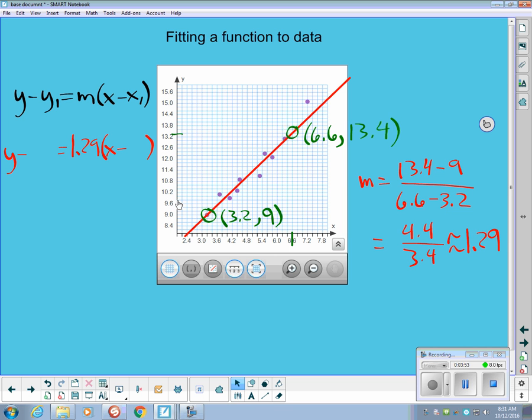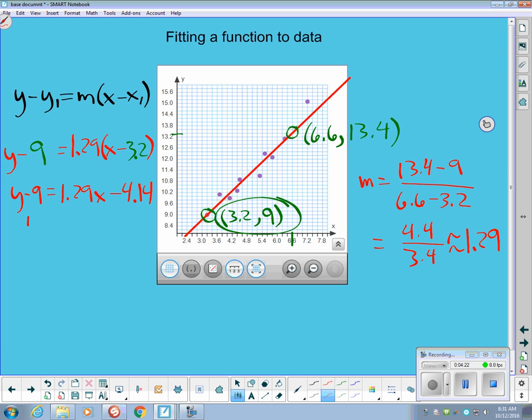And for my y-coordinate, I'll go ahead and use this point down here. So the y-coordinate is 9, the x-coordinate is 3.2, and now I just have y minus 9 is 1.29x minus 1.29 times 3.2, which is about 4.14.